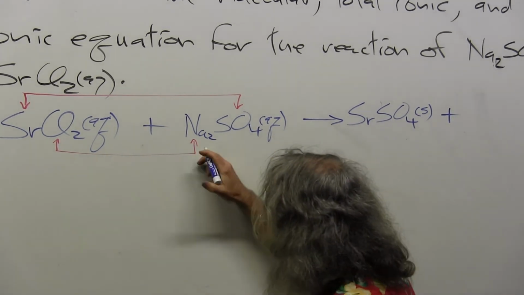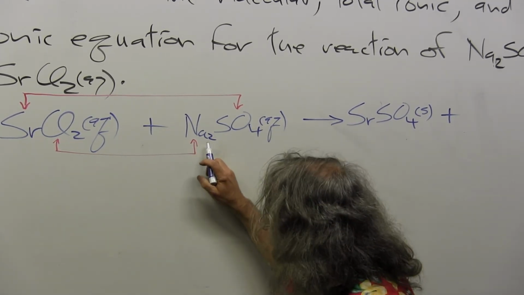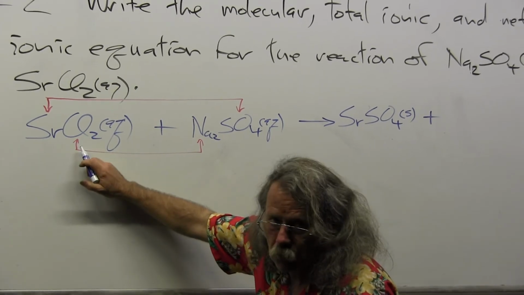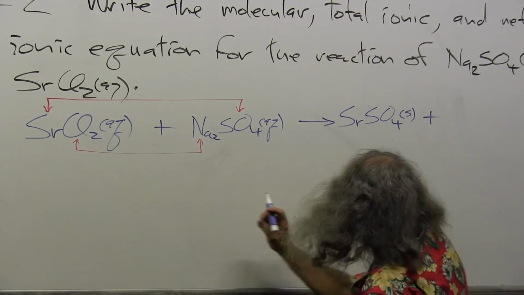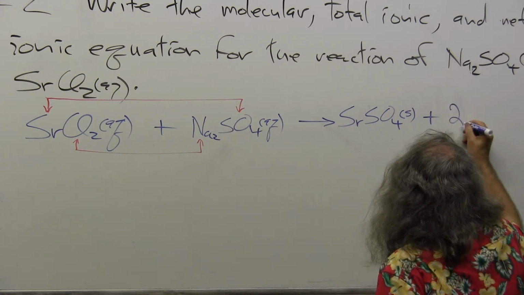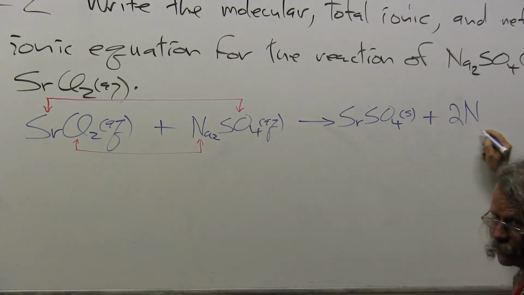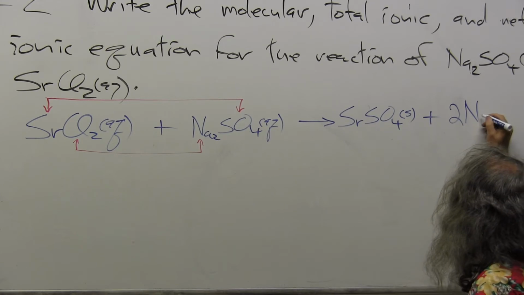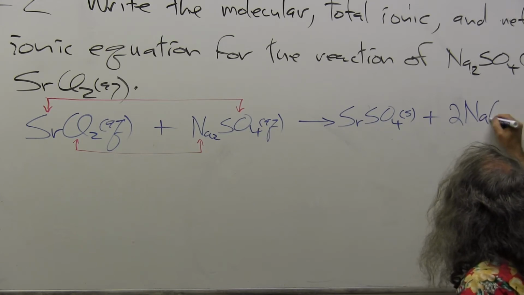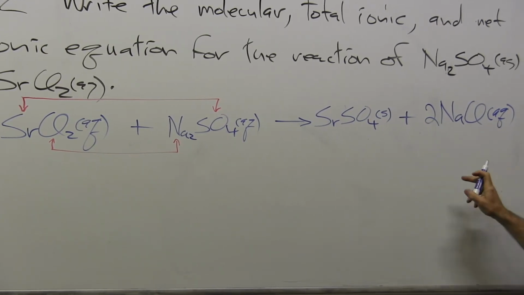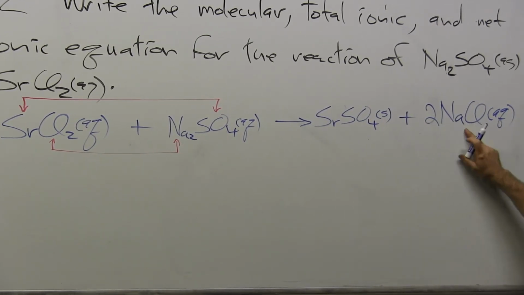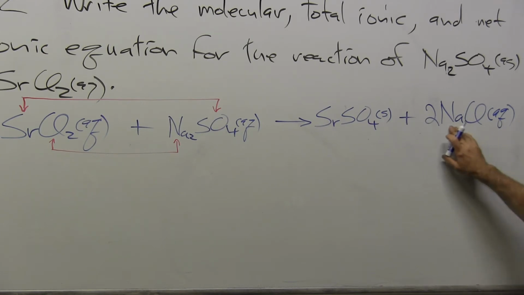Now I have 2 sodiums, and the charge is +1. I have 2 chlorides, and the charge is -1, so that means it's going to be a 1-to-1 salt. I'm going to have 2 as the stoichiometric coefficient, 2 sodium chlorides, and that's aqueous. So this is the proper formula. It is not Na2Cl2. That can be reduced down to the most elementary ionic formula.